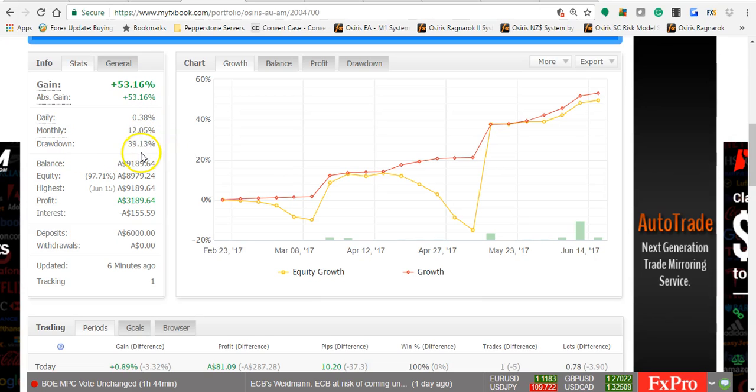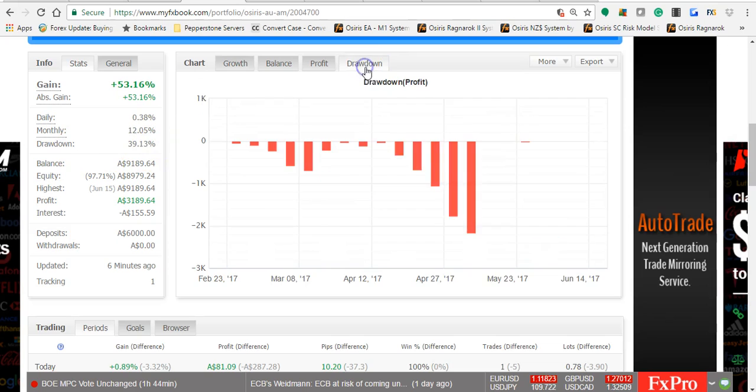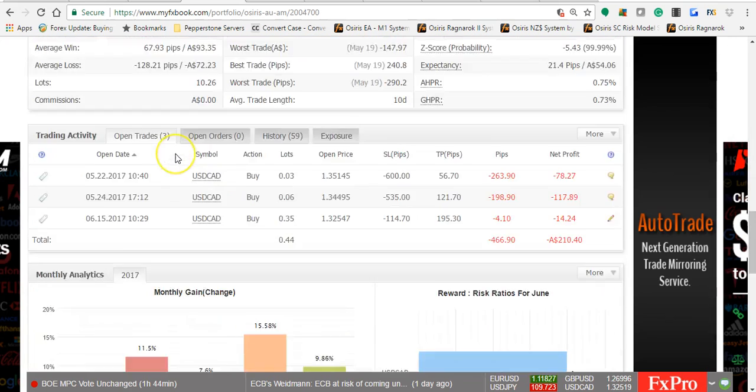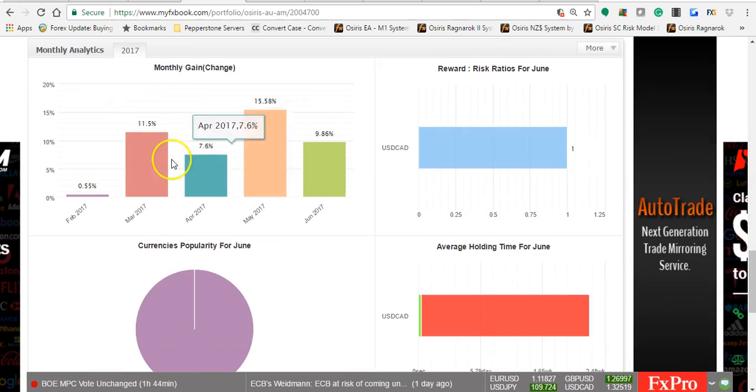Current drawdown is sitting at 39.13. We're going to check the charts for the drawdown. It was an estimated $2,175 Australian dollars in this drawdown. And we're generating a daily 0.38% so far over the last, let's see how many months, 1, 2, 3 full months.